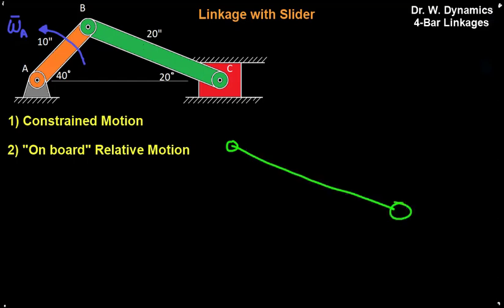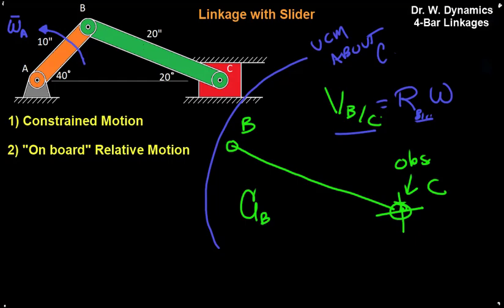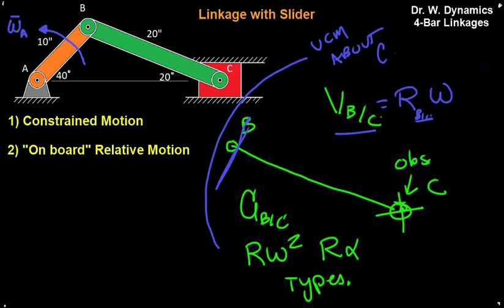If we look at link BC, the velocity of B with respect to C tells us that if we're located at C, that's the observer, point B can only undergo uniform circular motion about C. That would be an R omega type, where that would be B with respect to C, and any accelerations that we would expect to see would be R omega squared and R alpha types as well, which would show up here as an A tangential and show up here as an A centripetal acting directly along link BC, which is making a 20-degree angle.